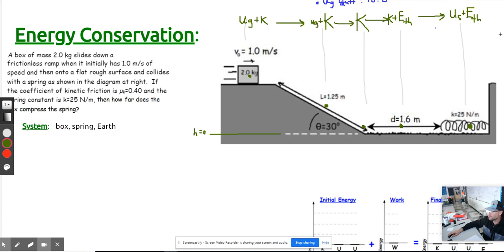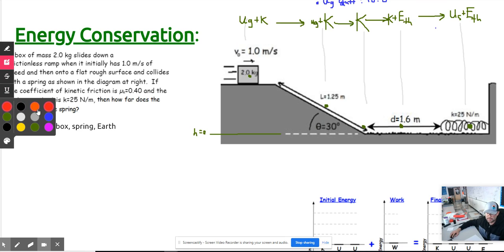And the key here is, when we're doing conservation of energy and we're applying it, what 2 points at a time do we want to use to solve for stuff with? And so I think we're going to have an isolated system, and that we should probably use this, because we'd like to understand how much the spring compresses.